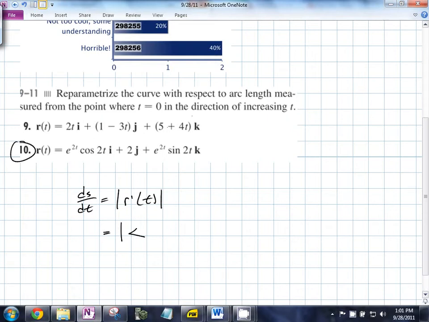The magnitude is going to be 2e to the 2t times cosine 2t plus e to the 2t times negative sine 2t times 2, right? Where does 2 come from? I had to use the product rule right there. The derivative of the first times the second plus the first times the derivative. Is that correct? Yeah, that's right.